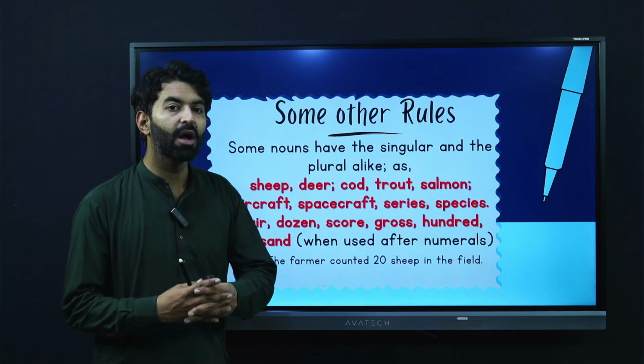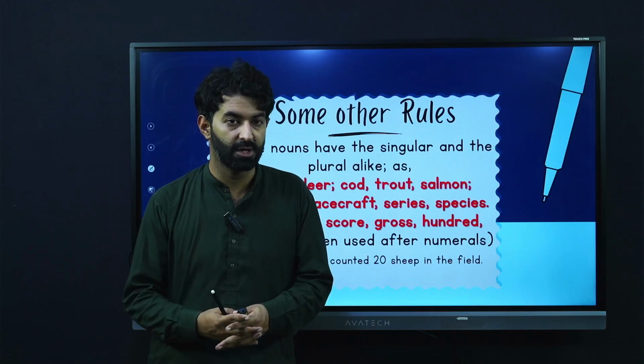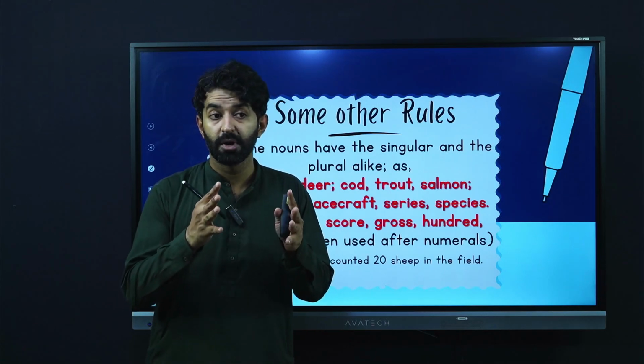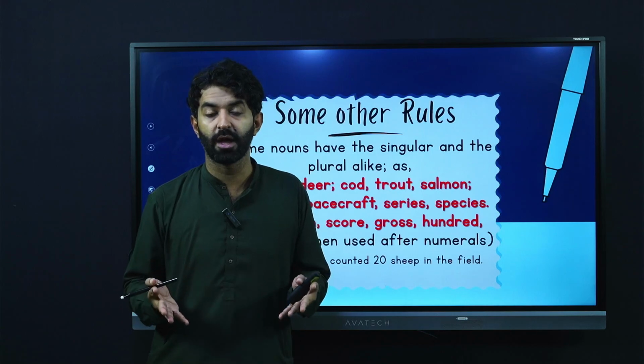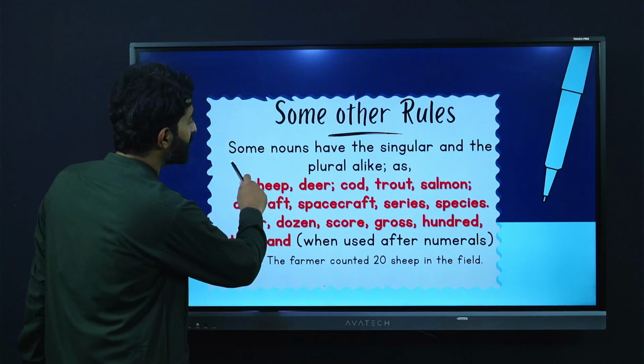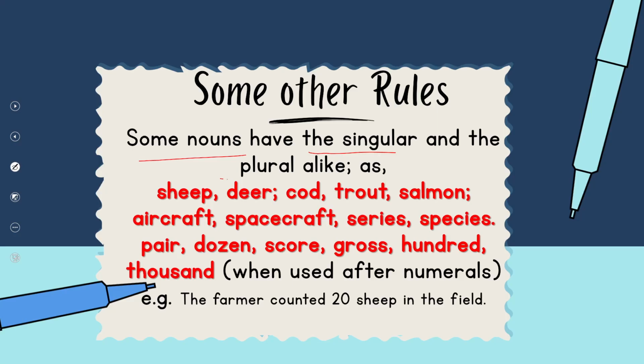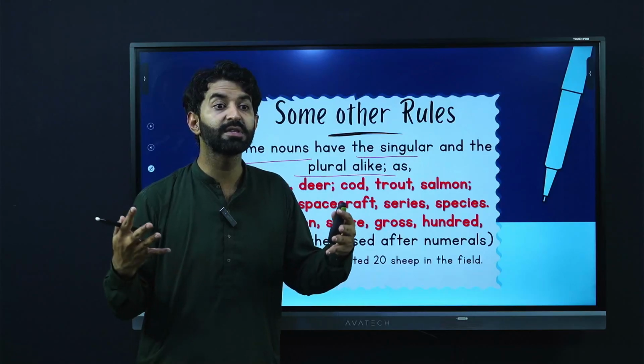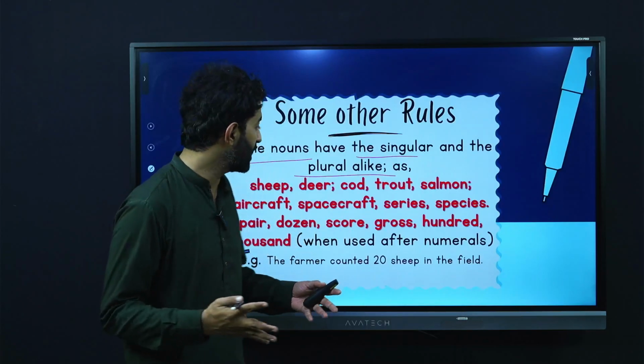Now there are some other rules that you need to see in order to convert the singular noun into plural noun effectively. Some nouns have the singular and the plural alike. The singular and the plural nouns are the same. You don't need to make any changes.